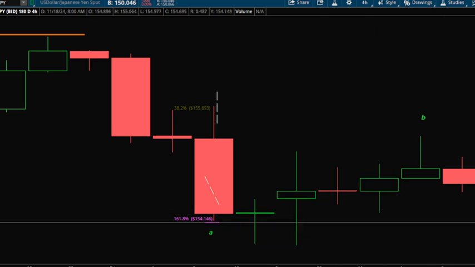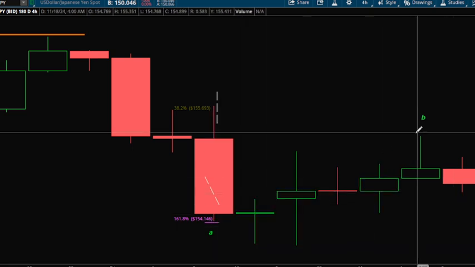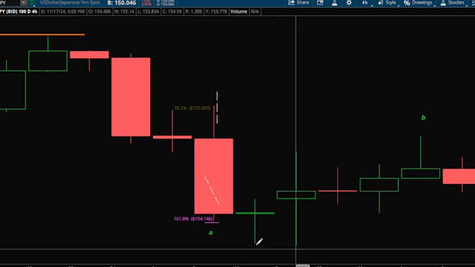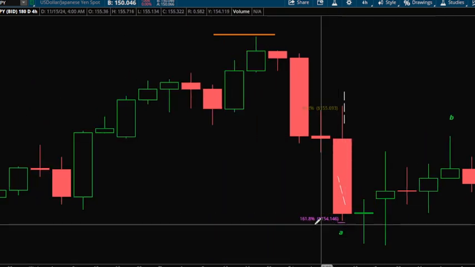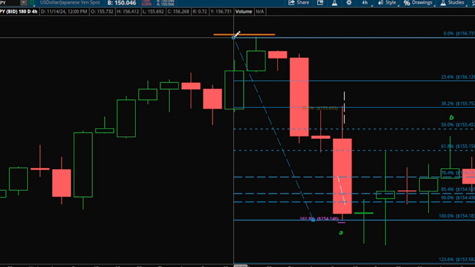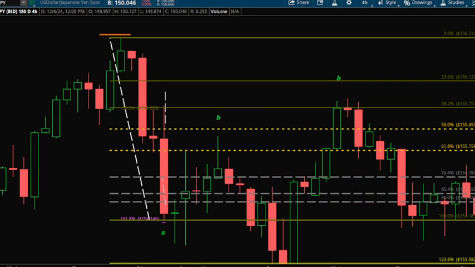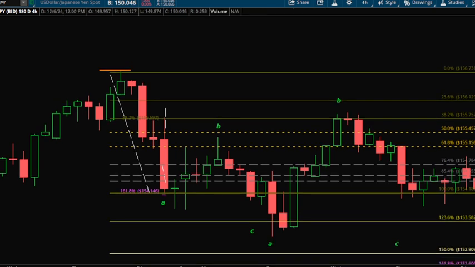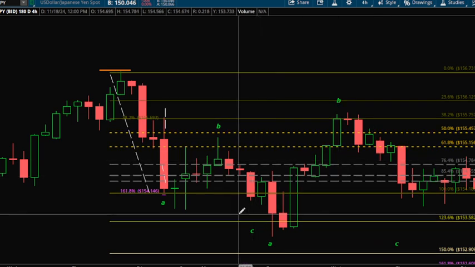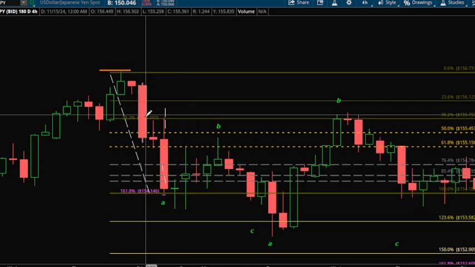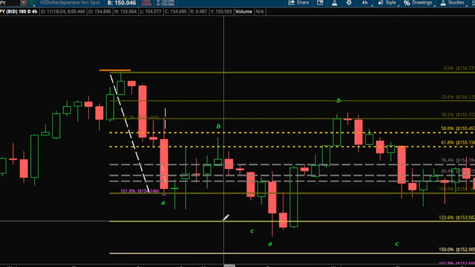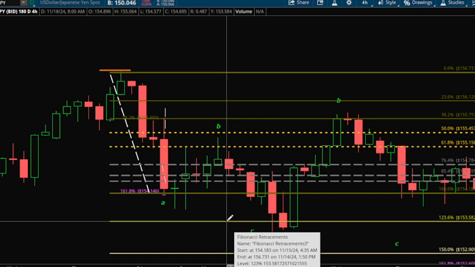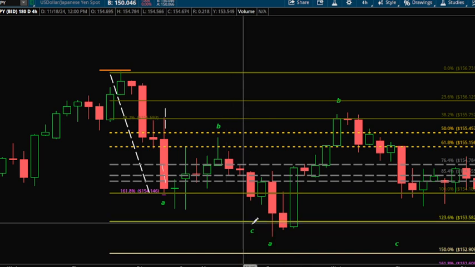So again, now we have a B wave. So now we can measure for our next C wave on a bigger degree. Okay. Now we've got the 123.6% here, and it looks like it went past it.